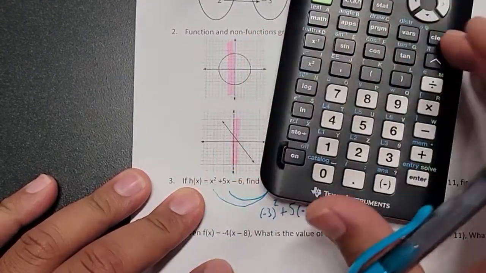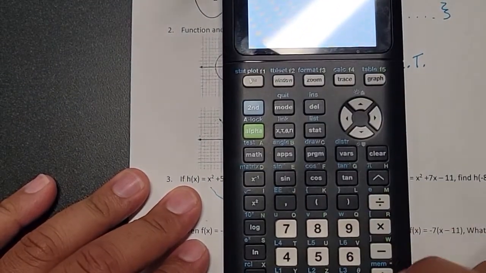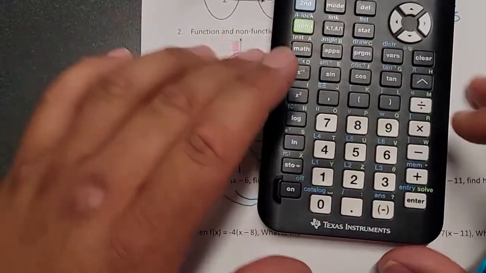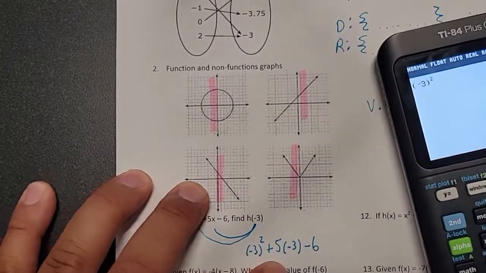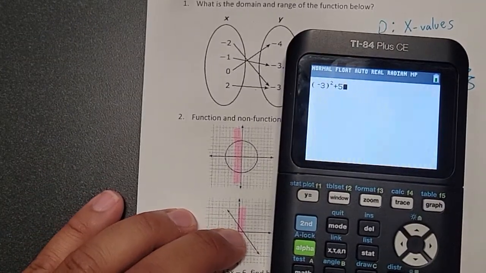So let's go ahead and type it in. All right, so you have parenthesis, and then you're going to push negative 3, parenthesis, squared. All right, that's my squared button. And we have plus 5, so plus 5. Oh, there you go, that's better.